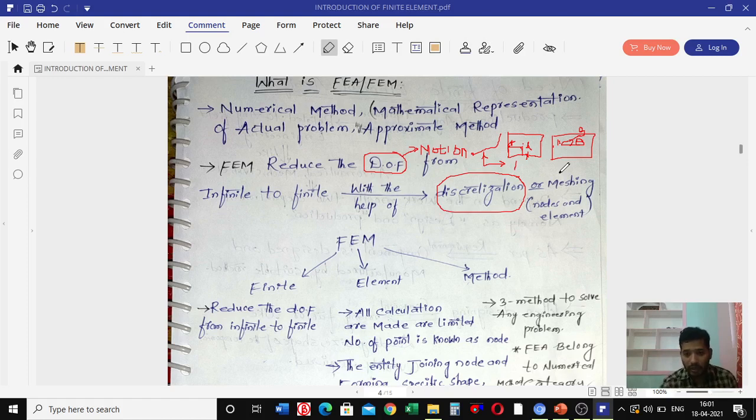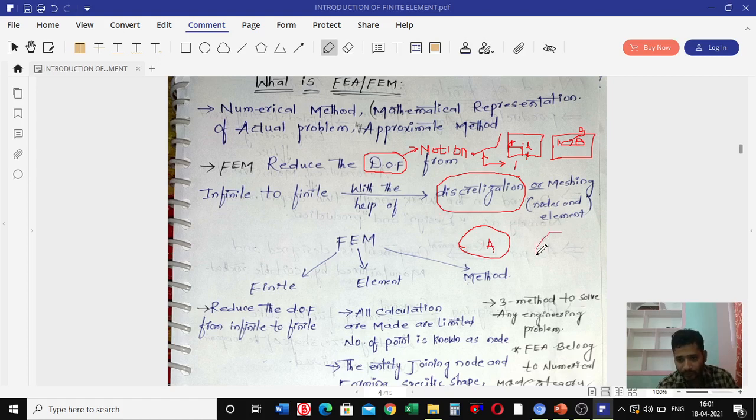Discretization is nothing but this: let us assume a body with total area A. Let us consider the body divided into an equal number of strips or elements, forming nodes and elements.